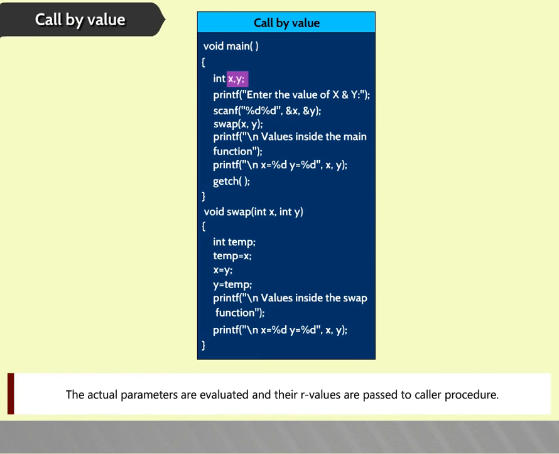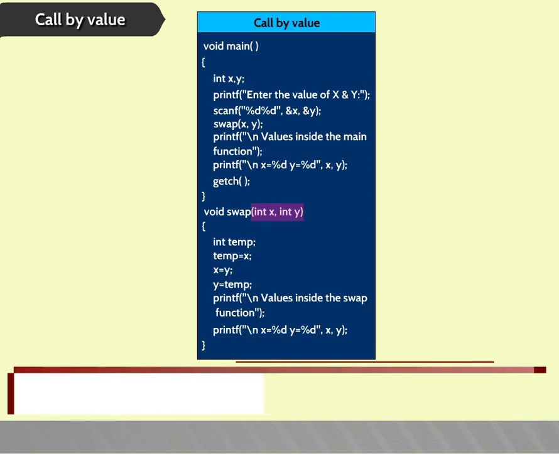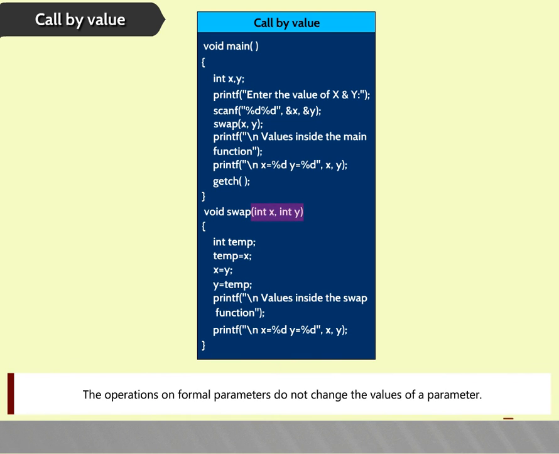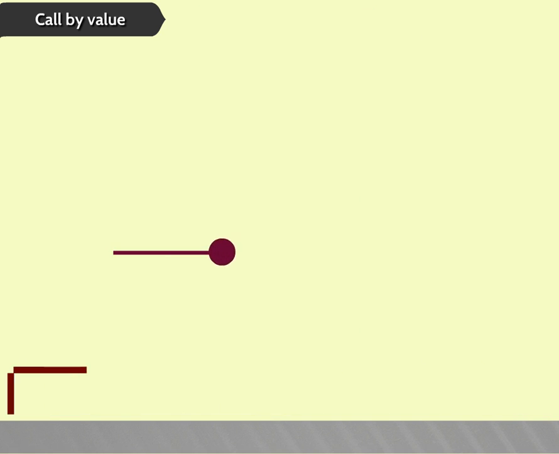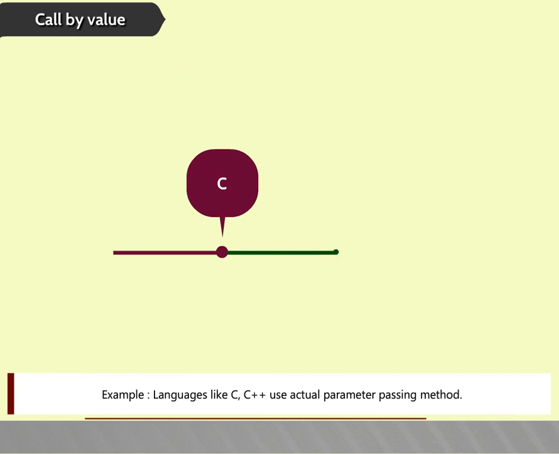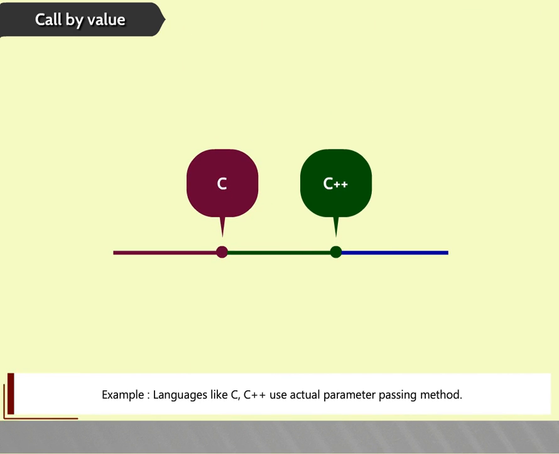The actual parameters are evaluated and their R values are passed to caller procedure. The operation on formal parameters do not change the values of a parameter. Example, languages like C, C++ use actual parameter passing method.